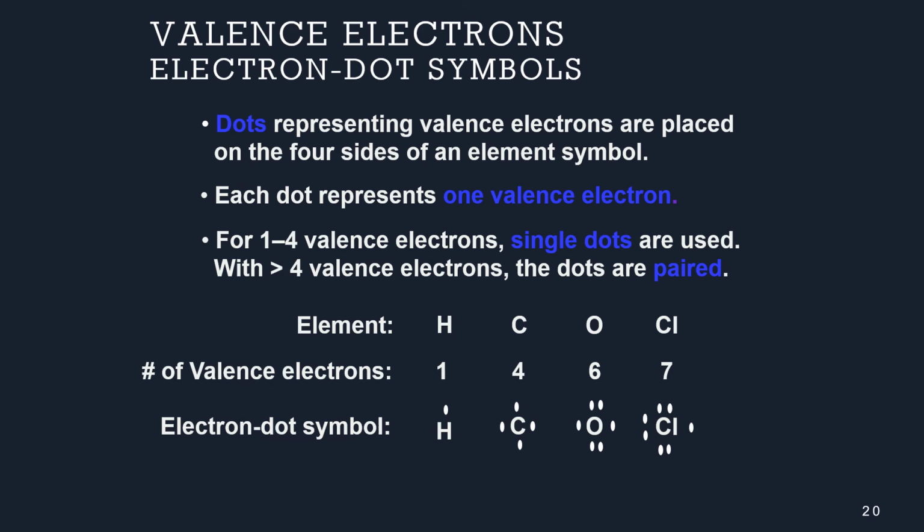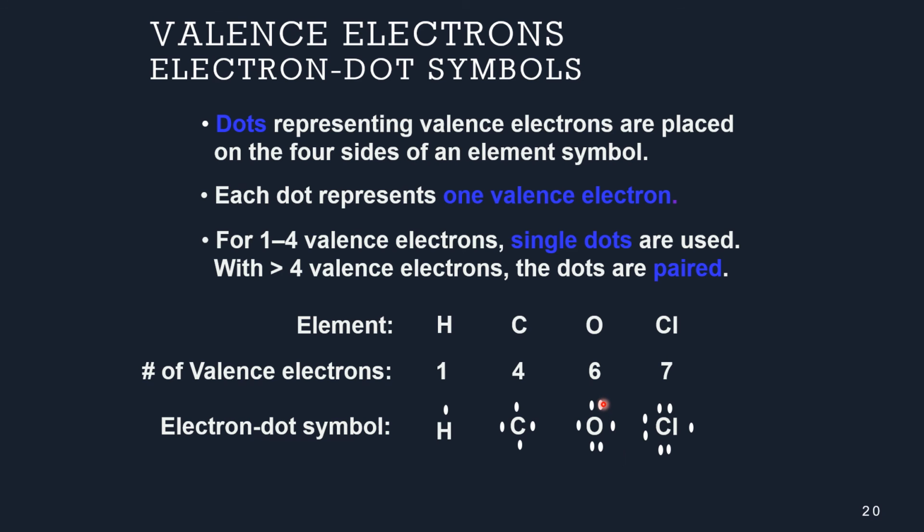And these are the electron dot symbols that you would draw for each of these. For hydrogen, we have 1 electron, so we just have 1 little baby electron shown here. For carbon, we have 4. Since it's 4 or less, we do them as individuals: 1, 2, 3, 4 on the 4 sides of the C.